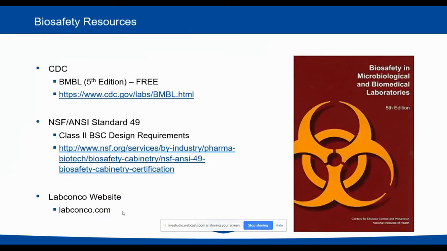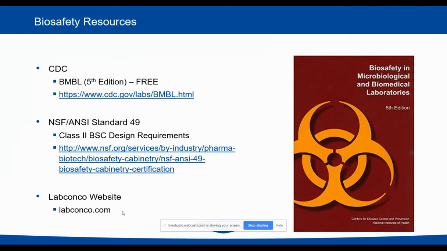There are a lot of really good resources that go way more in depth into requirements for safe handling of biosafety or biological organisms, especially pathogenic organisms. One of the best for North American-based people, particularly United States-based people, is the CDC's BMBL guide, which talks about laboratory design and specifics for even individual organisms and how to handle them safely.